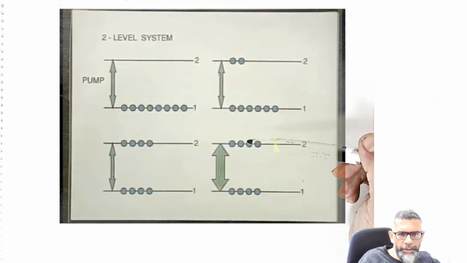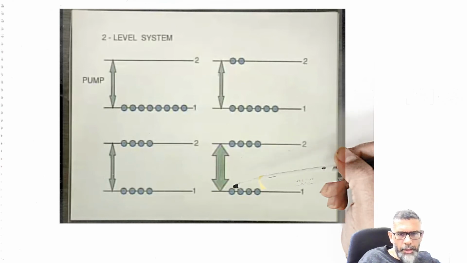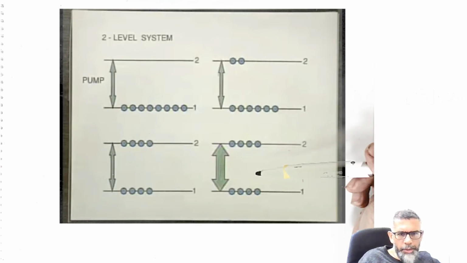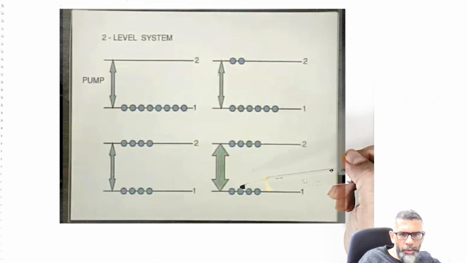fighting back and forth. Since these numbers are equal to each other, there is always an equal probability of an excited electron going down or a ground state electron going up.